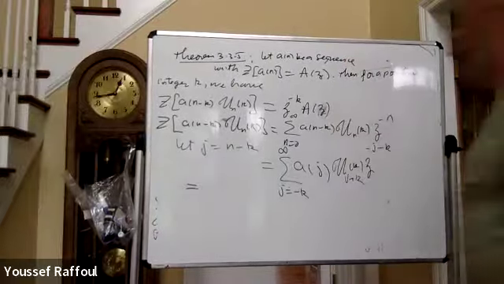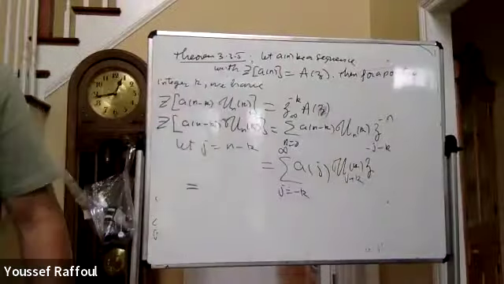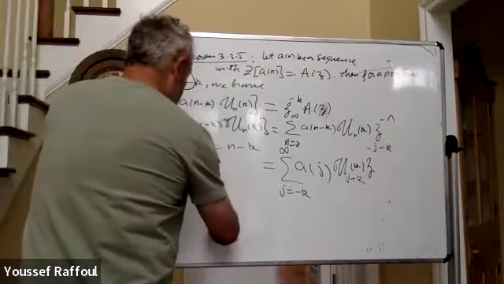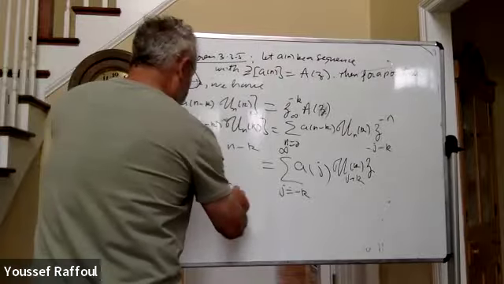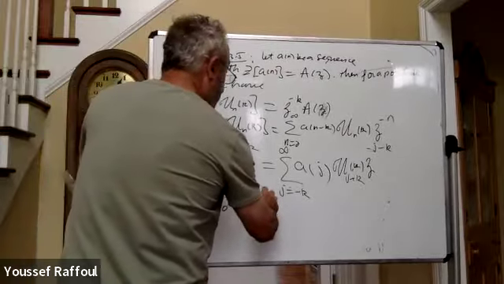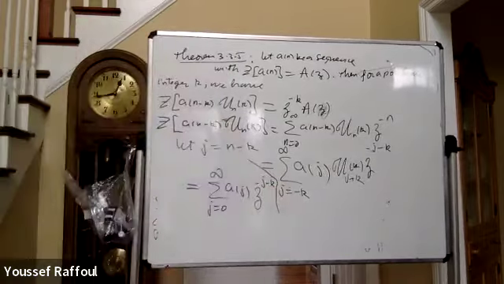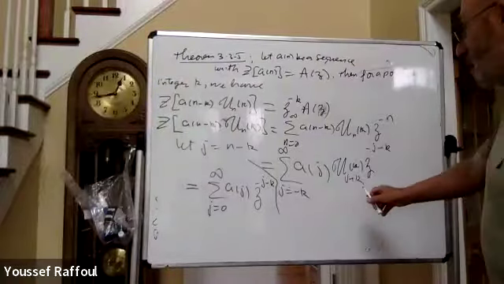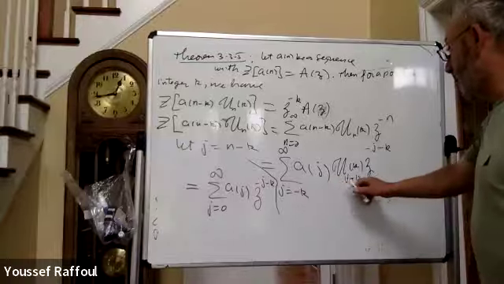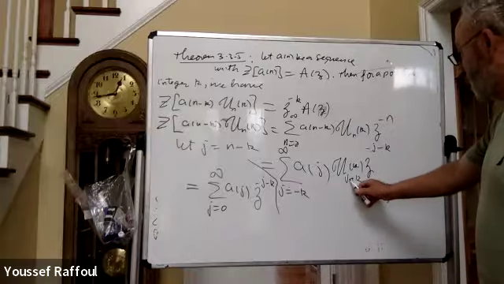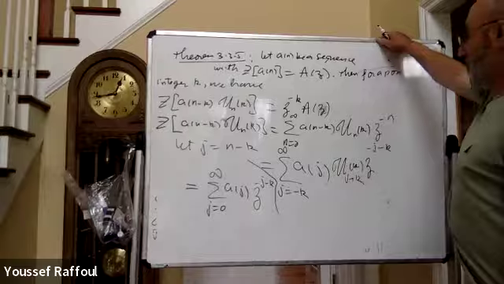And we're going to use the property, the sum from J equals 0 to infinity of AJ Z minus J minus K. Okay? Because the other one did J, and so for a J equal minus K, for a J all the way up to J equals 0, U0 is 0.